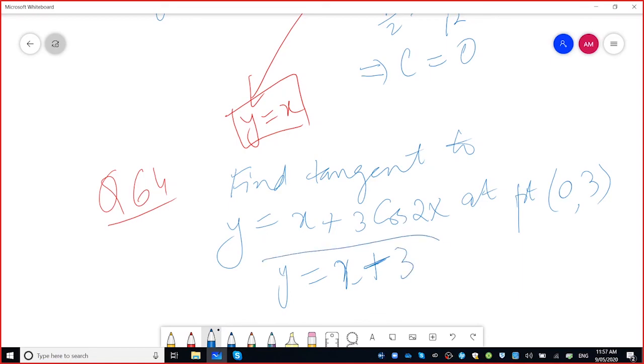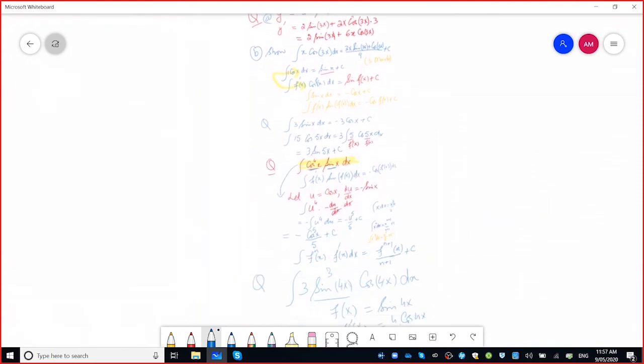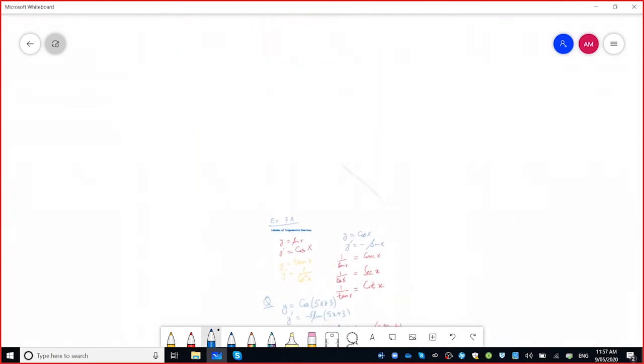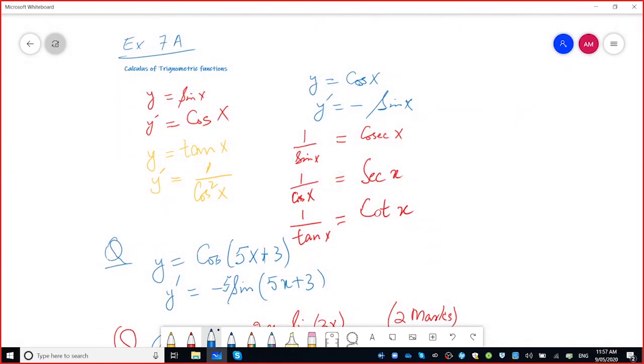We will finish now with a quick recap of what we have done today. We were referring to exercise 3A, 7A of the Sadler book, Unit 3.